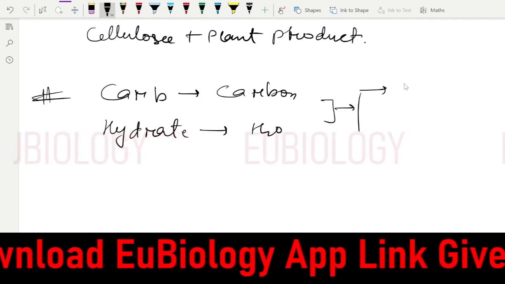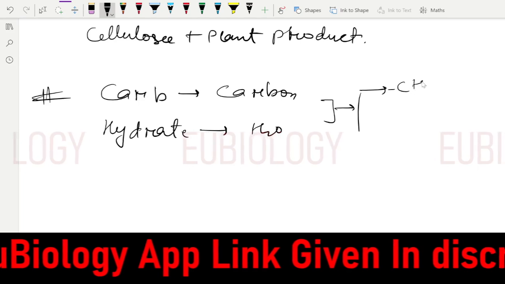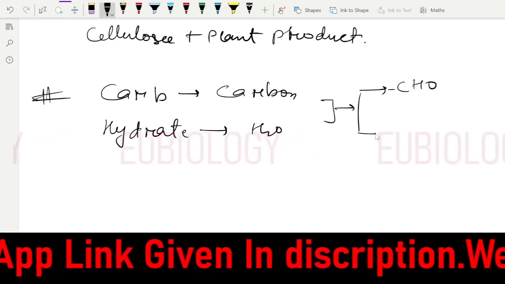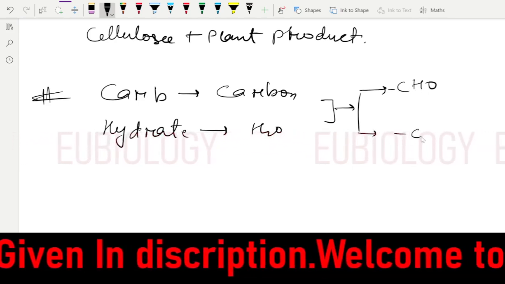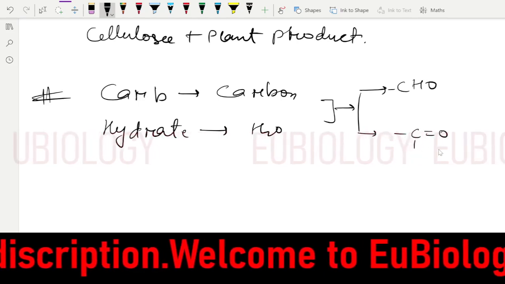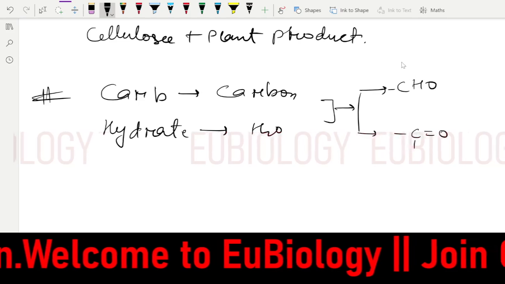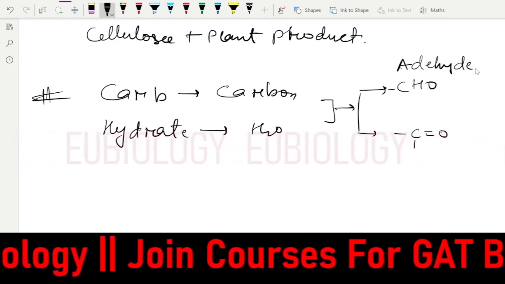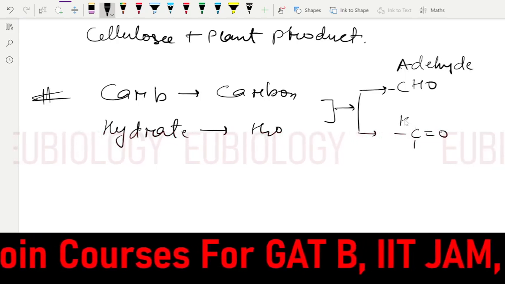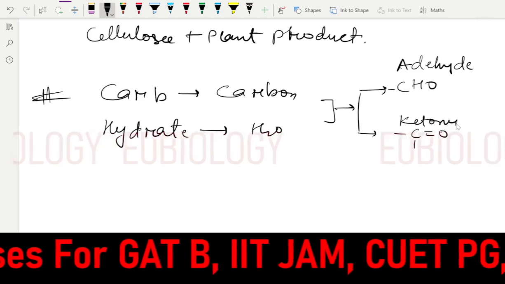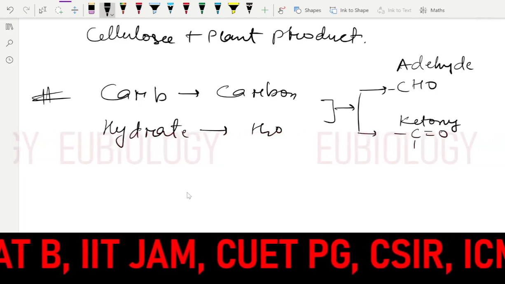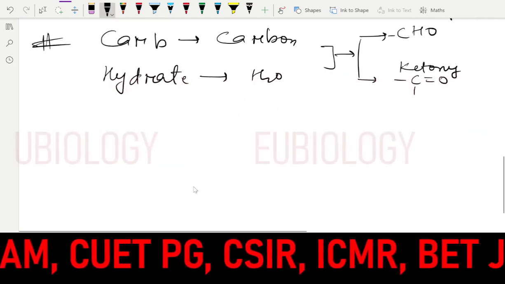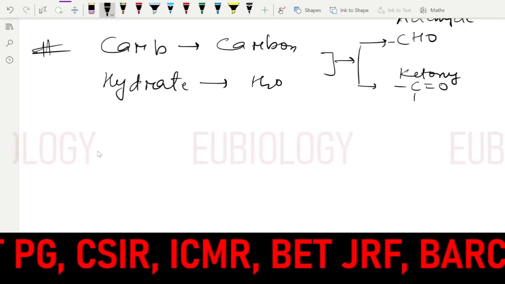Either they will form an aldehyde, CHO group, or they can form a CO group. This is an aldehyde, or this is a ketone group. So carbohydrate is nothing but a polyhydroxy ketone or polyhydroxyaldehyde.